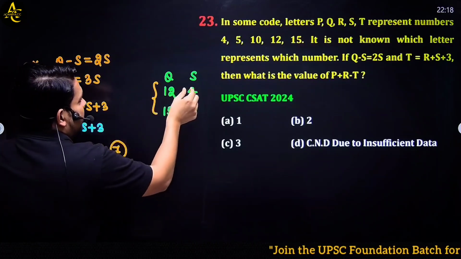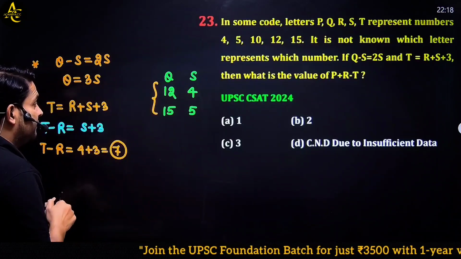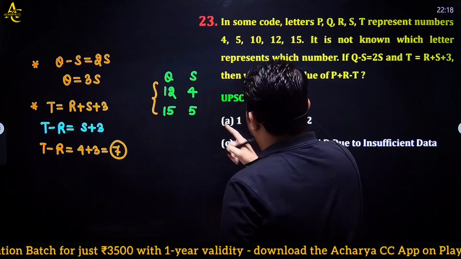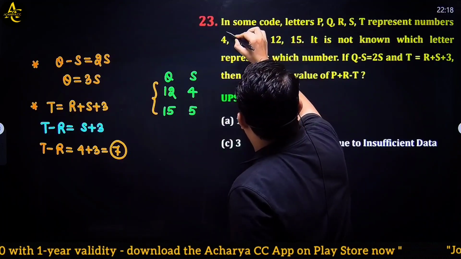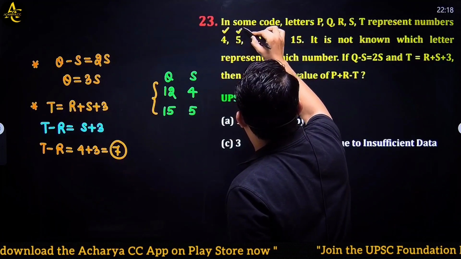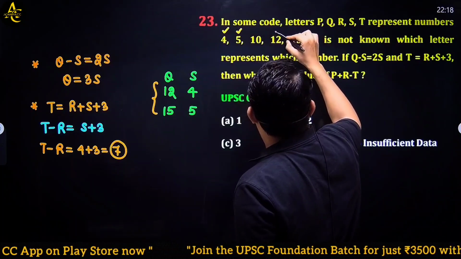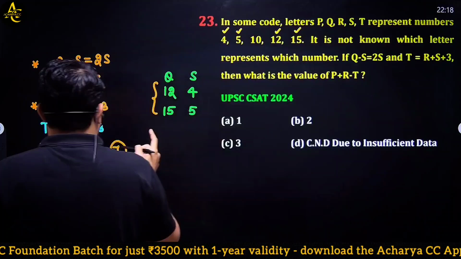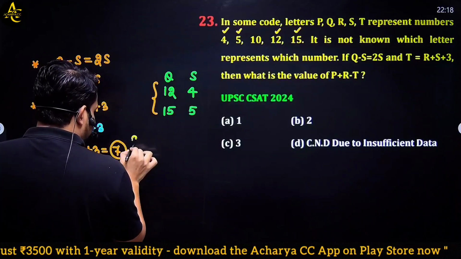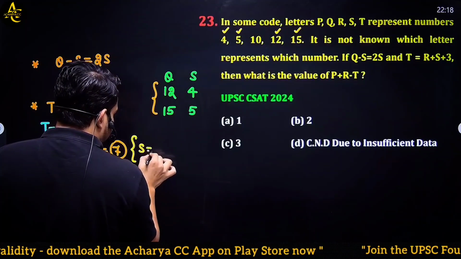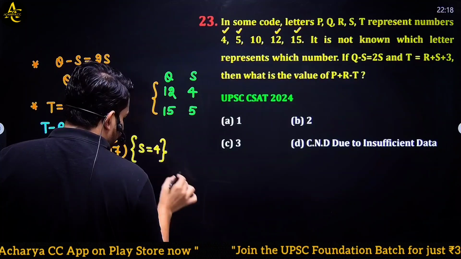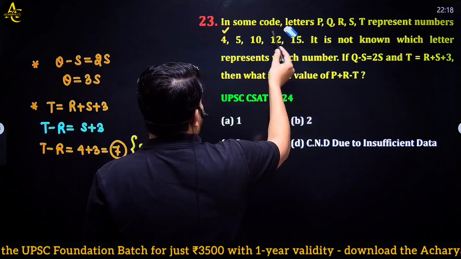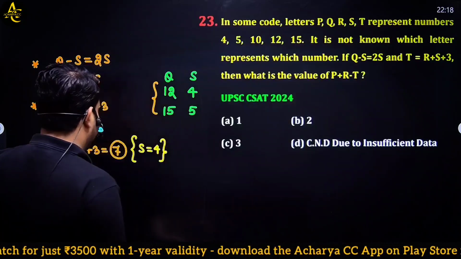If I take S equal to 4, I cannot take these values. See, I have already taken 4, 5, 12 and 15. In this question, I have taken S equal to 4, so I cannot take 4 anymore here.